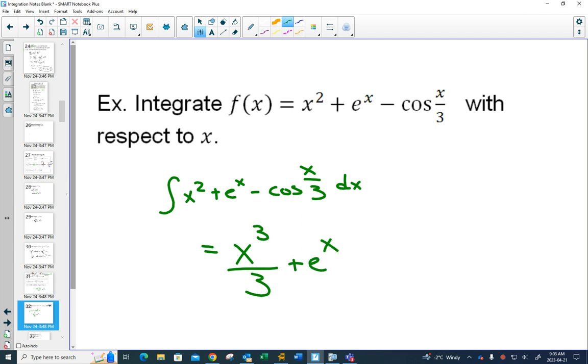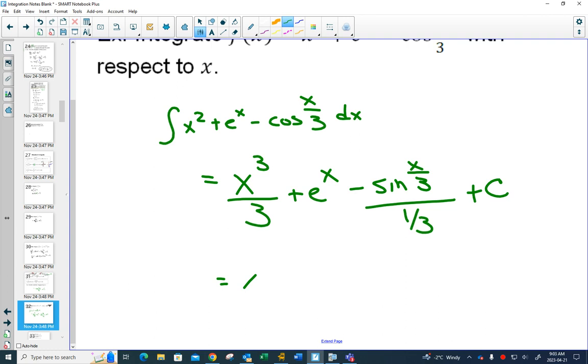E to the x would still be e to the x. And working backwards from cos is sine. The derivative of sine to cos is positive. So this, we will keep it negative here. I'm simplifying this.